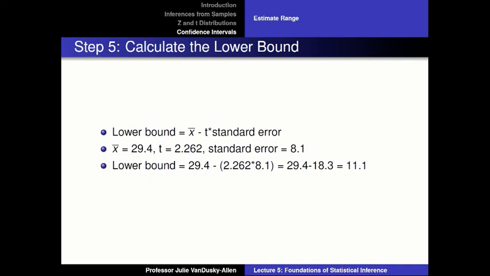In this case, the calculation would be 29.4 minus 2.262 times 8.1 for a value of 11.1. The upper bound of the confidence interval is the sample mean plus the t-value times the standard error. In this case, the calculation would be 29.4 plus 2.262 times 8.1 for a value of 47.7.